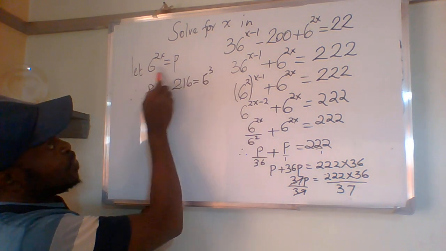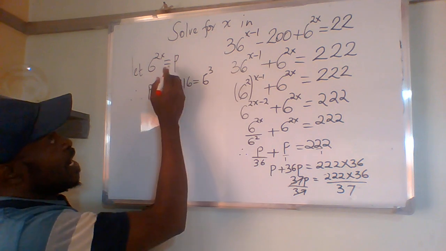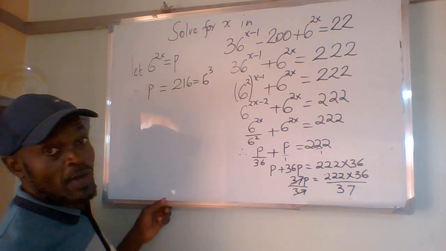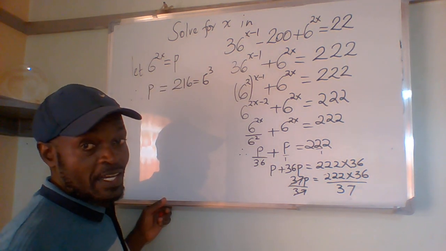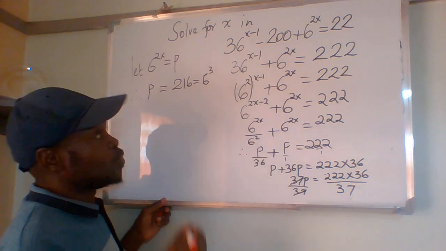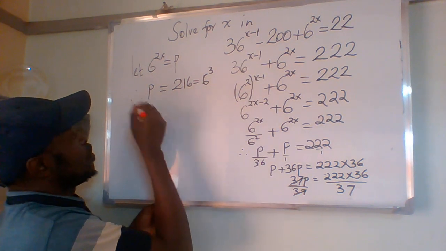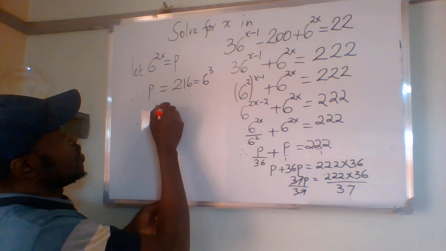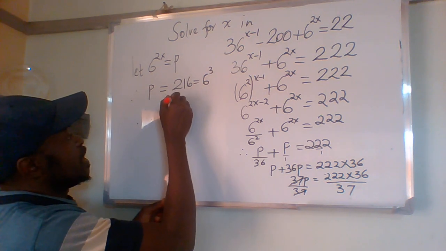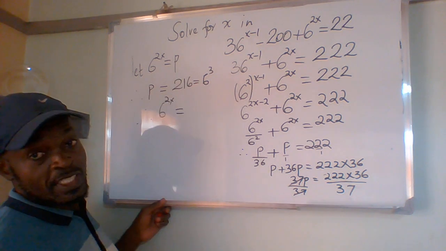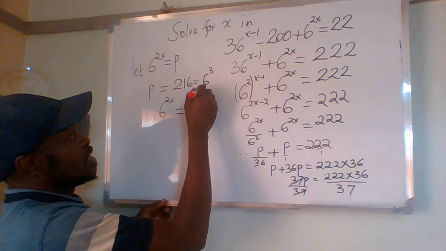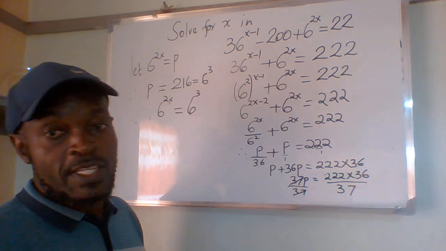But remember up there we said that our p is equal to 6 power 2x. So therefore, we return it. We say therefore 6 power 2x is equal to 216, and 216 is 6 power 3.